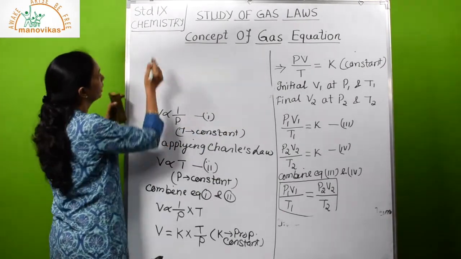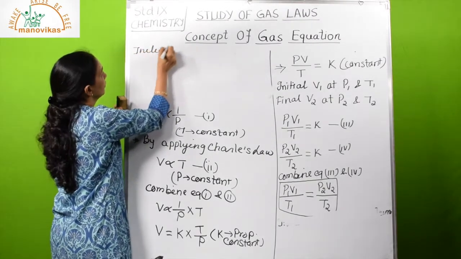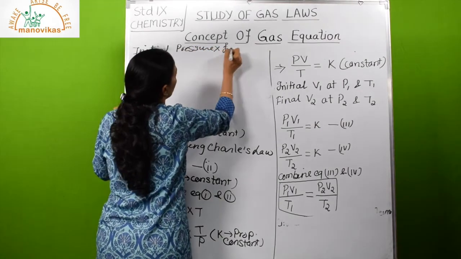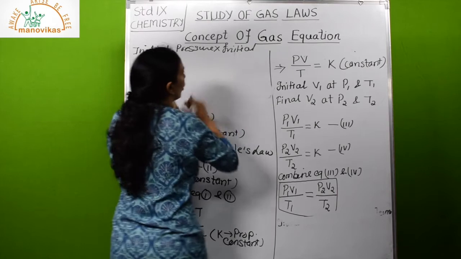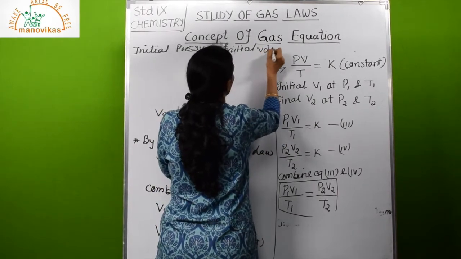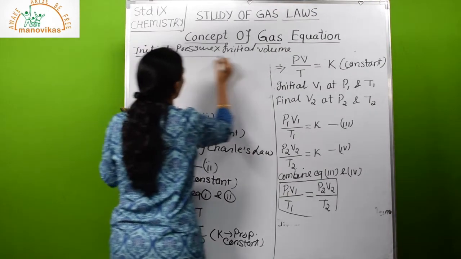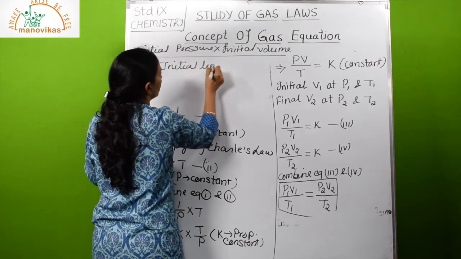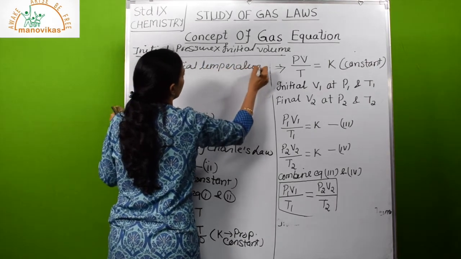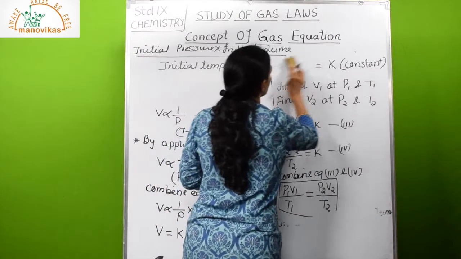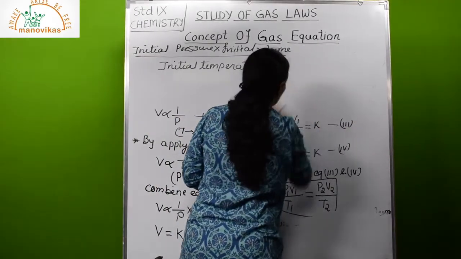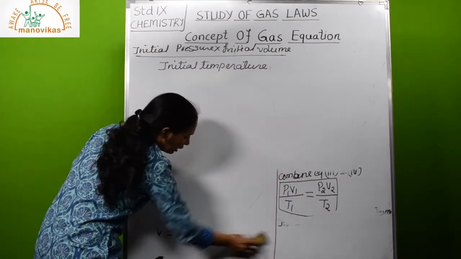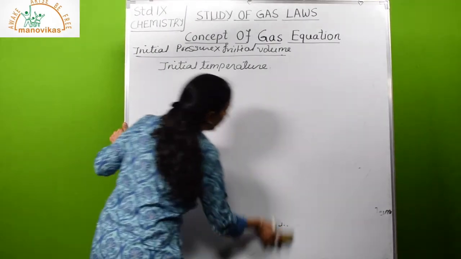So that P1 V1 upon T1 is initial pressure into initial volume upon initial temperature. Okay, that is equal to, what is P2 V2 upon T2? We can write here final pressure into final volume upon final temperature.